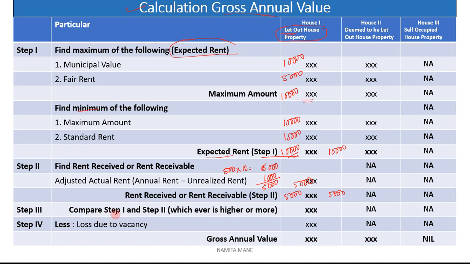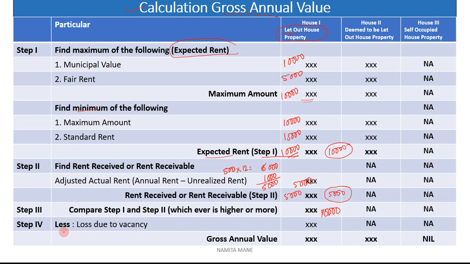Now we compare step 1 and step 2, and whichever is higher, we take. Step 2 is 5,000 and step 1 is 10,000, so in step number 3 you will take the higher amount, that is 10,000 rupees. Clear? Now from this 10,000, the next step is what?